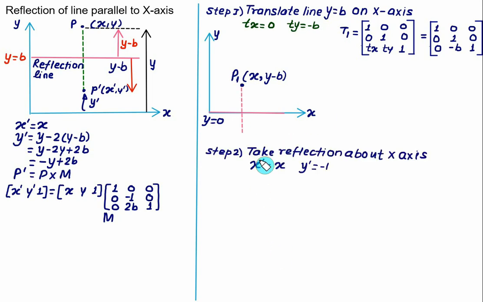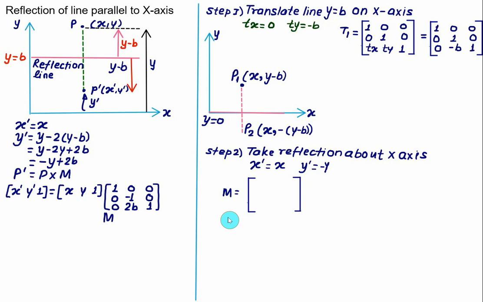Step number 2 is to take the reflection about the x-axis, so x prime is equal to x, y prime is equal to minus y. We get the point P2, whose x coordinate remains the same and whose y coordinate becomes negative, that is minus of y minus b.